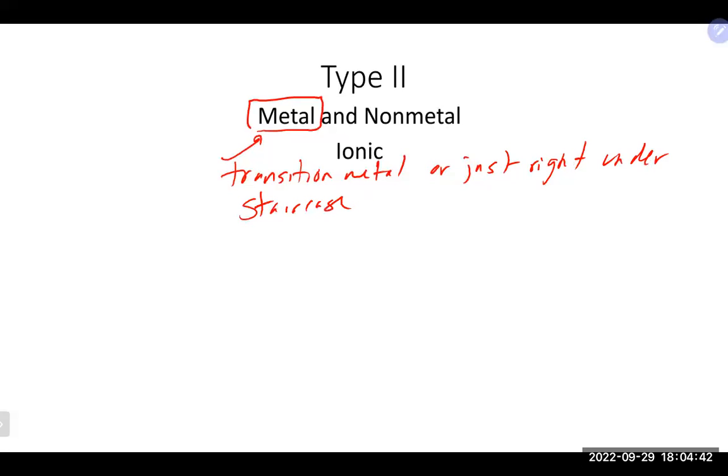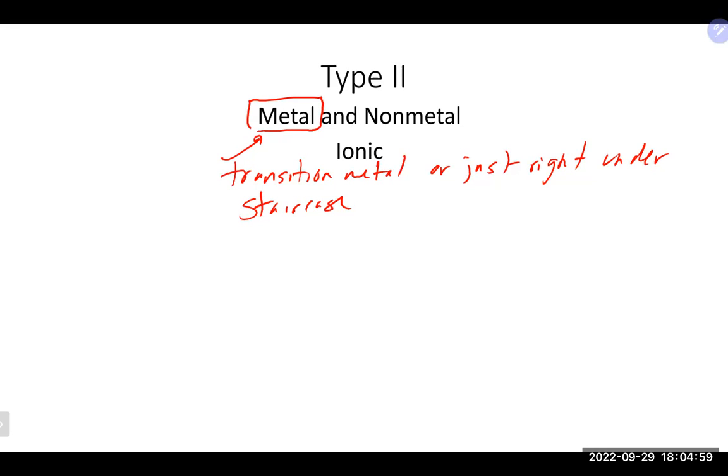So those would be, again, those elements like lead, antimony over there, and some tin in that area. Those guys, although they're technically not transition metals, could have multiple positive charges. So they're really named kind of the same way here.